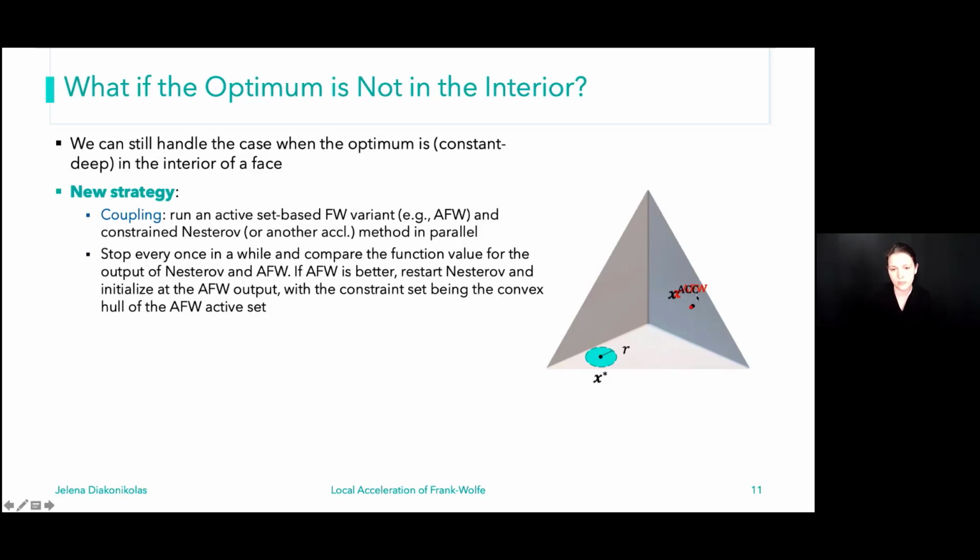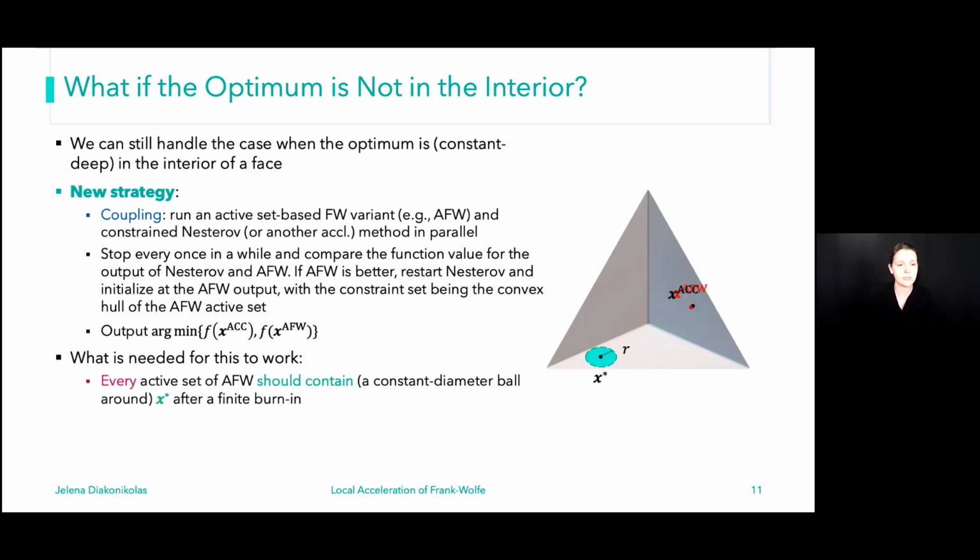So in this case, the away Frank-Wolfe point is represented by these three vertices. So this would be now the feasible set of Nesterov. And at any point, if you want to output something, just output the better of the two points. So this cannot be worse than away Frank-Wolfe. And you would hope that you would get acceleration eventually.